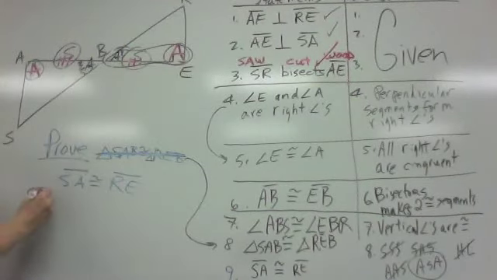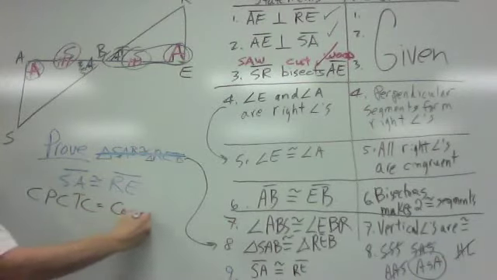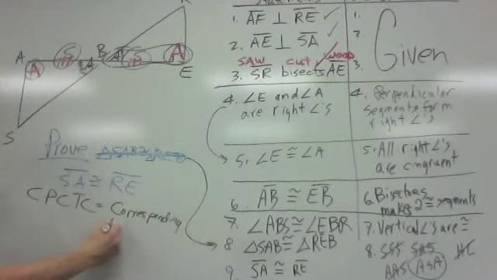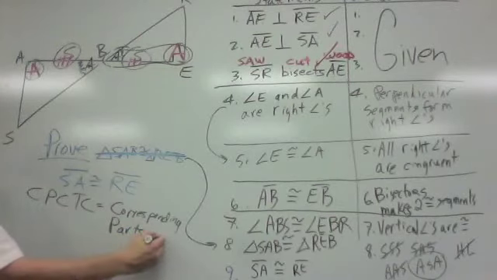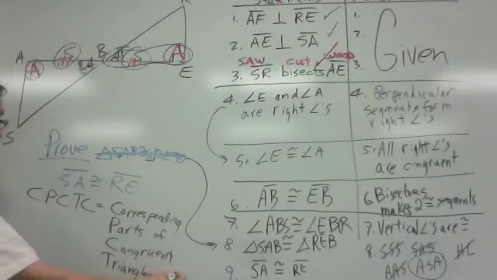Now I'll write it down here. CPCTC stands for corresponding parts of congruent triangles are congruent.